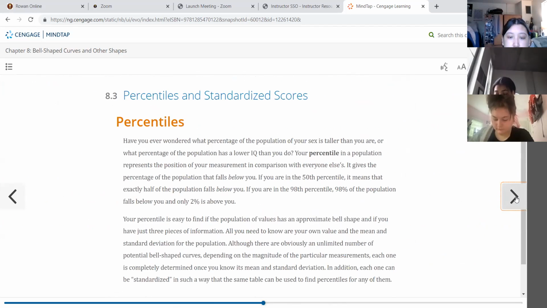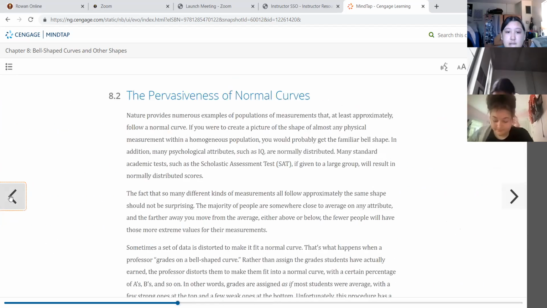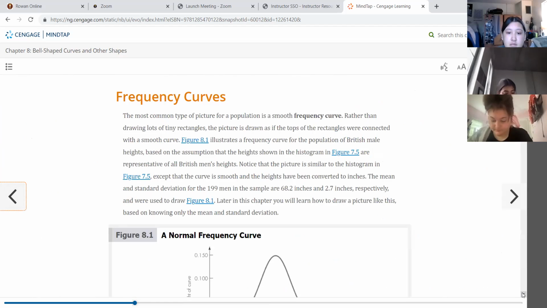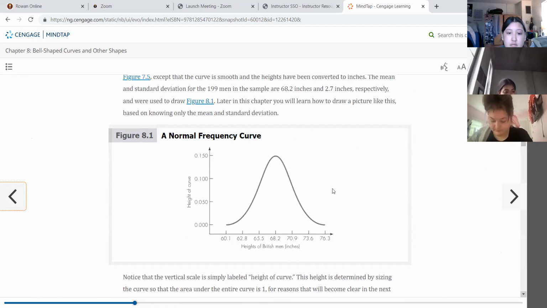Now, one of the facts about the normal curve is that, maybe I should go back to the drawing of it and take a look at it again. Here's the normal curve. Because it's symmetric, it means that the mean and the median are typically equal to each other. Remember, the definition of the median is that 50% of the numbers are less and 50% of the numbers are greater.